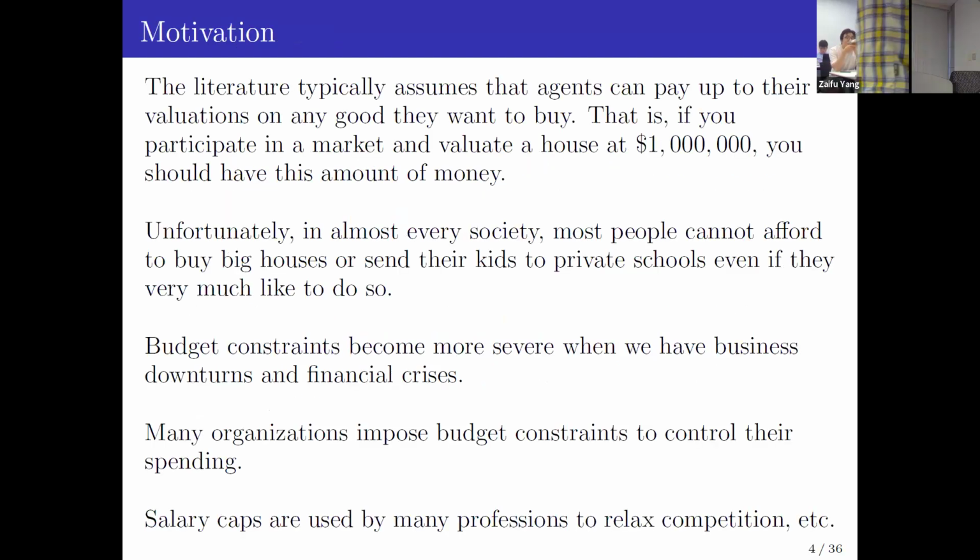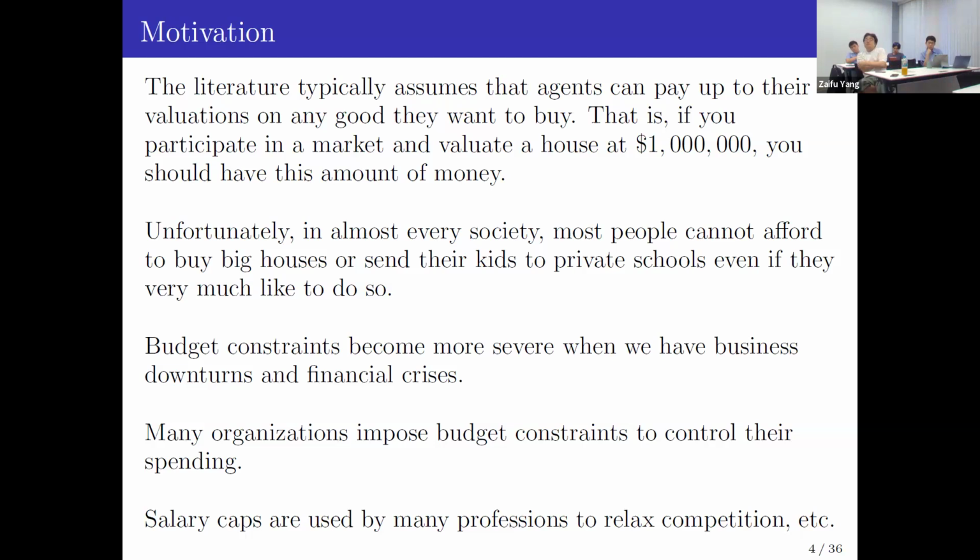So why is it useful and meaningful to start the model with budget constraints? I think in almost every society, most people cannot afford to buy big houses or send their kids to private schools, even if you would very much like to do so.